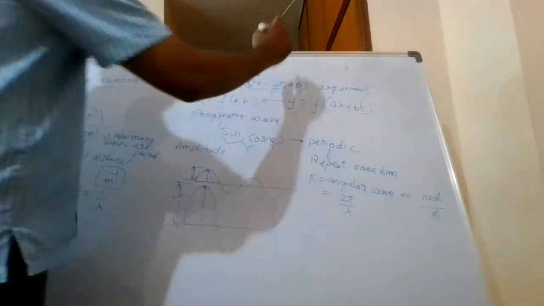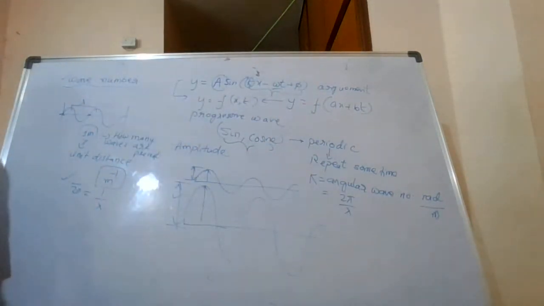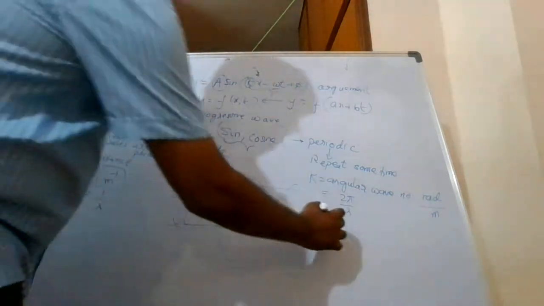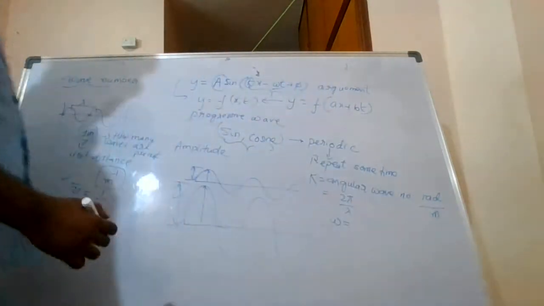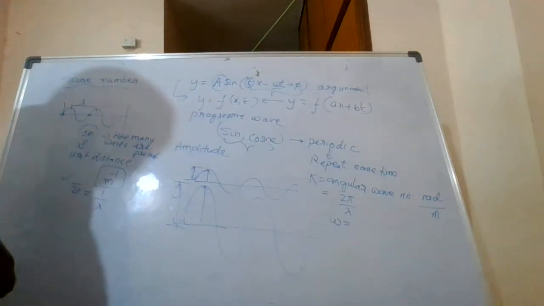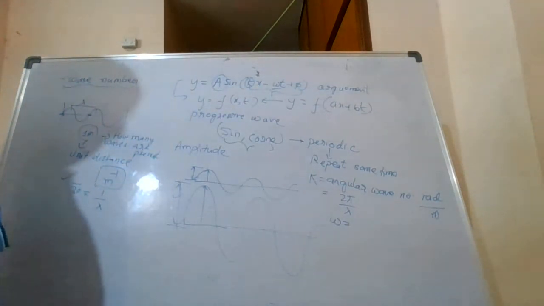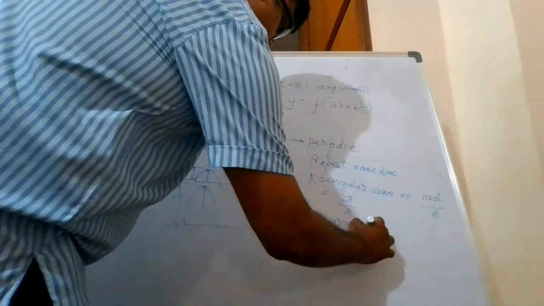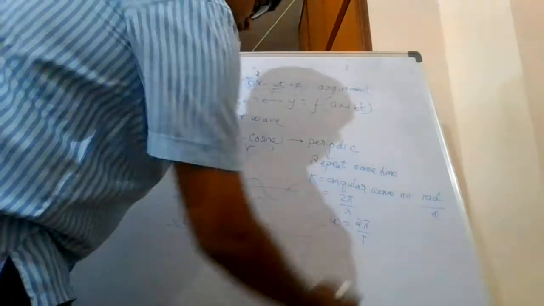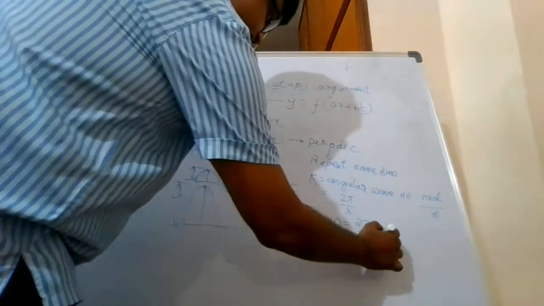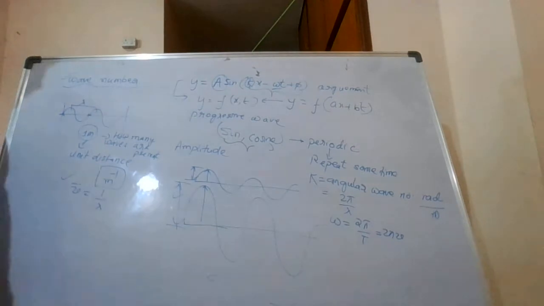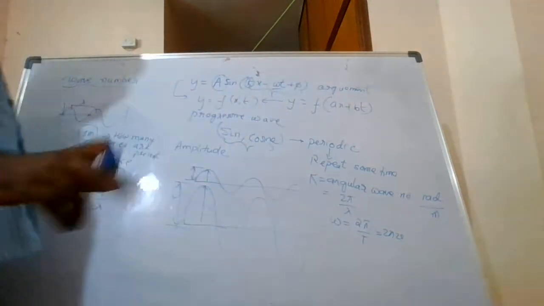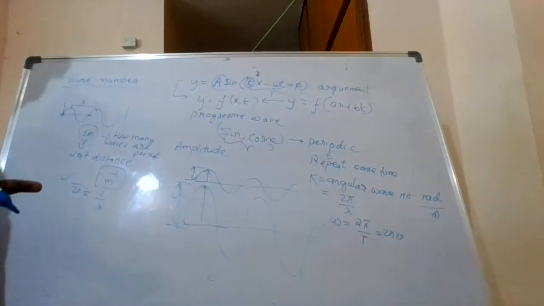Omega is the angular frequency. See, what is omega? Omega is angular speed, right? We have seen it in oscillations also. Omega is 2π divided by T. 1 upon T is frequency, so it is 2πν. You look here, 1 upon T, you are calling it frequency.